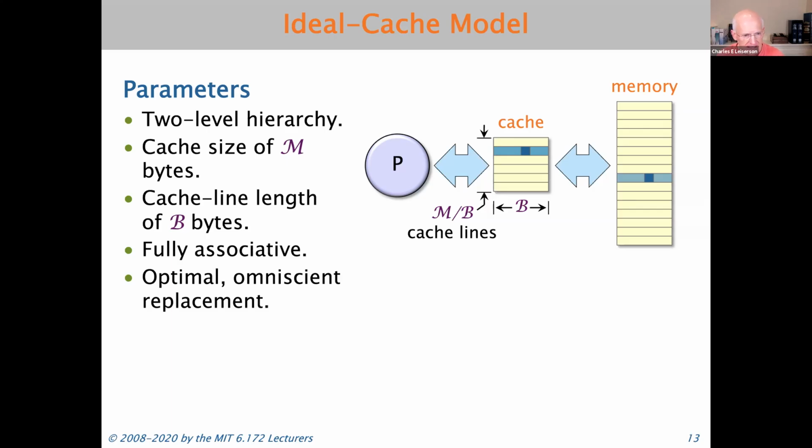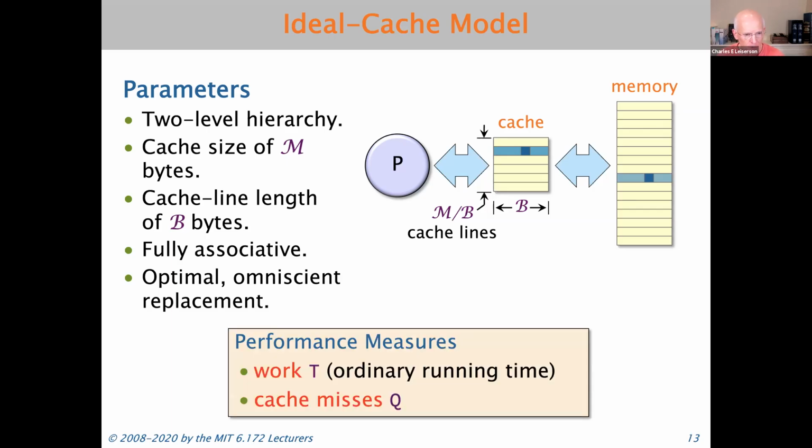Now there are two performance measures that we'll care about, and one we have seen is called work. It's ordinary running time, or T1 if it's in parallel, but if you're just running serial code, which is what we're predominantly going to look at today, it's just T for the work.